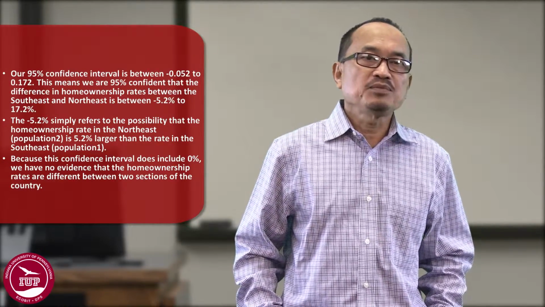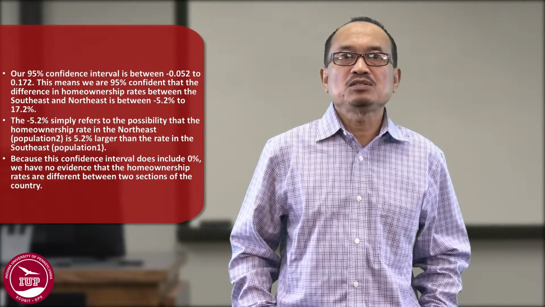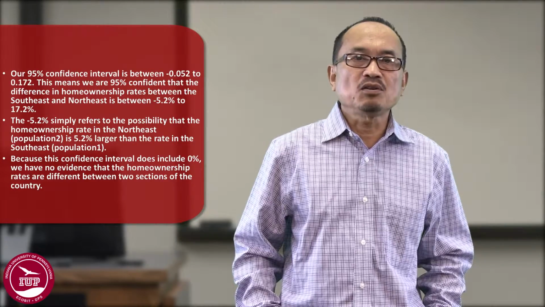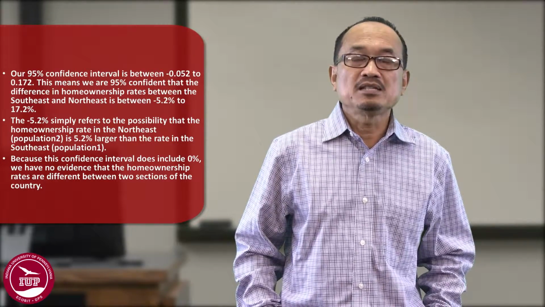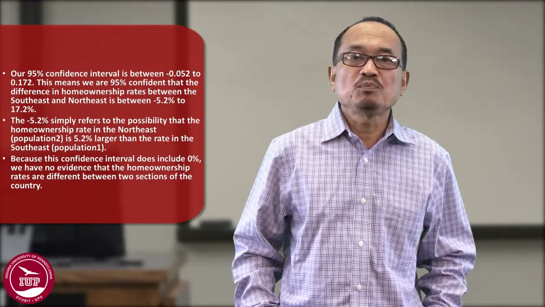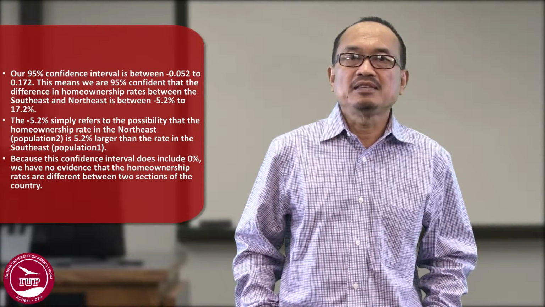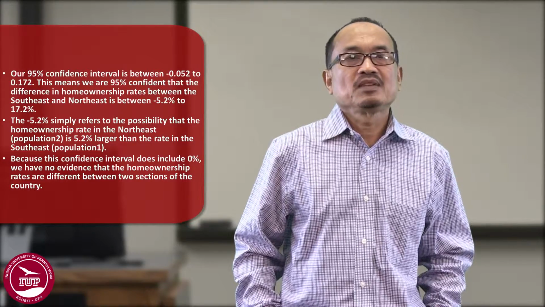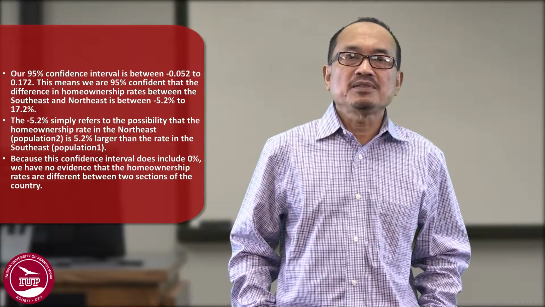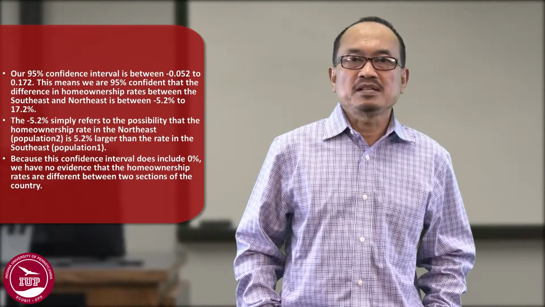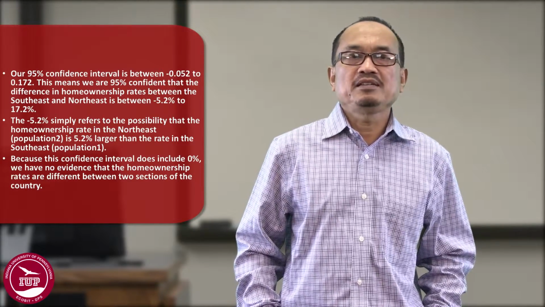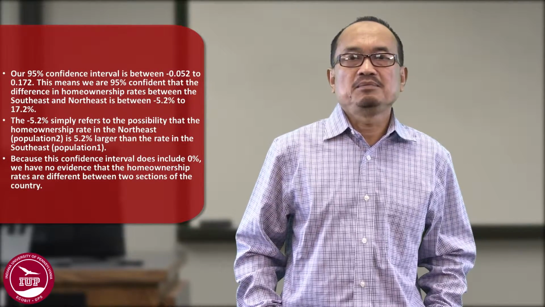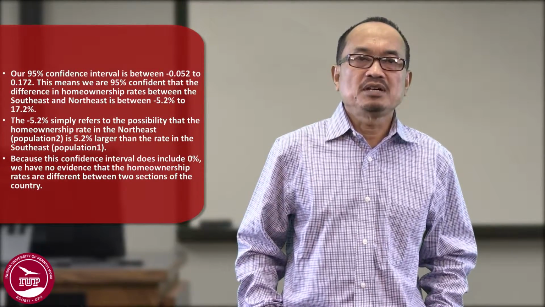The minus 5.2% simply refers to the possibility that the ownership rate in the Northeast, or population 2, is 5.2% larger than the rate in the Southeast, or population 1. Because this confidence interval does include 0%, we have no evidence that the home ownership rates are different between the two sections of the country.